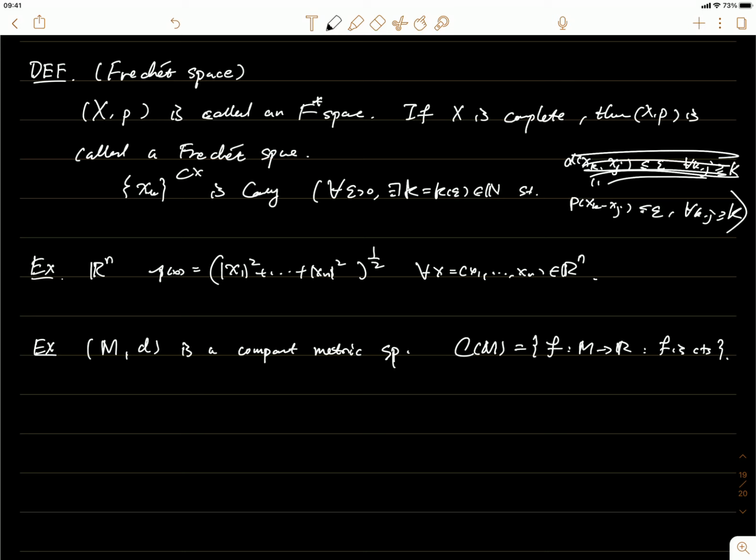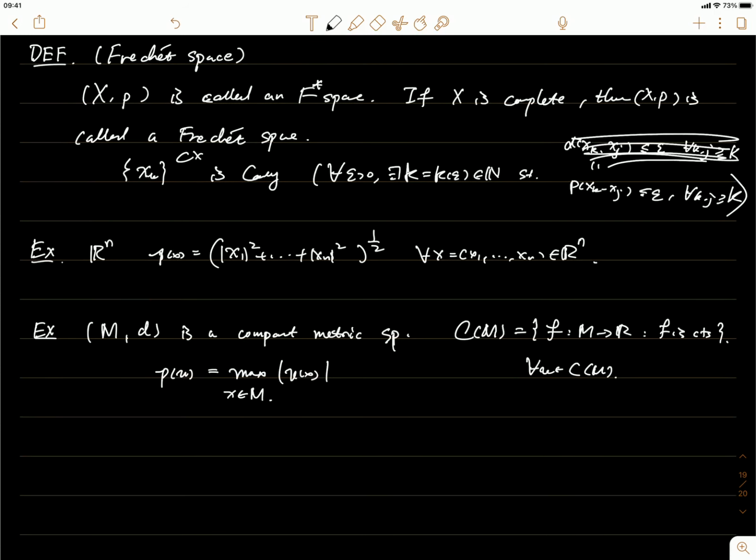And then you can define the P of u, for any u in this C(M) space, to be the maximum value of u(x), where x is from the space M. Okay, and this is actually how we define norms for that space.